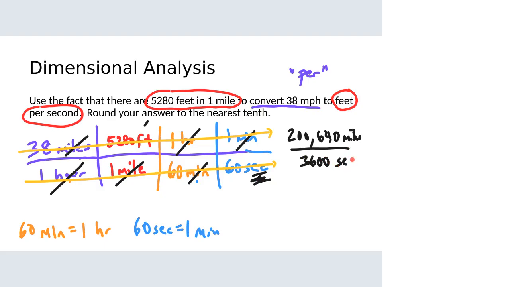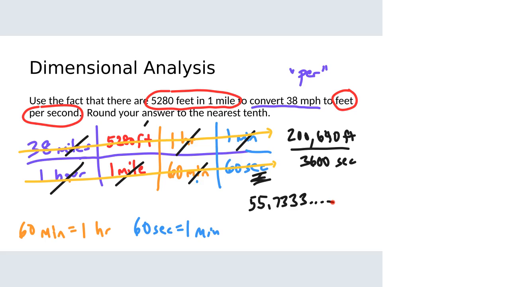And I do have a unit down there. I have seconds. Oops, and it's not miles on the top. Sorry about that. It's feet on top. There we go, feet. So I have feet per second, and the last thing I'll need to do here is divide them. 200,640 divided by 3,600, and I end up with 55.733333 feet per second.